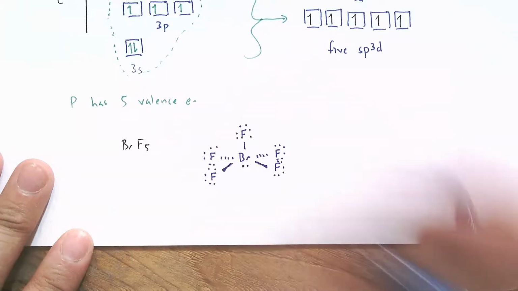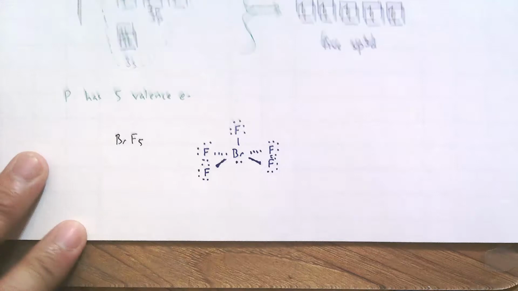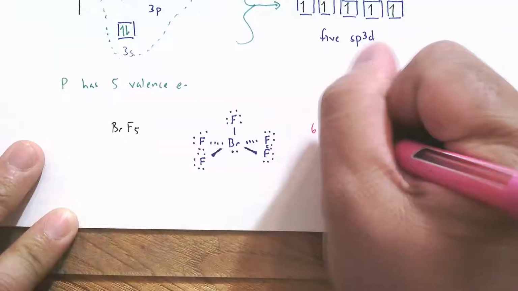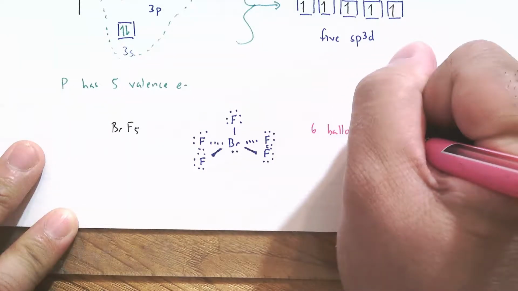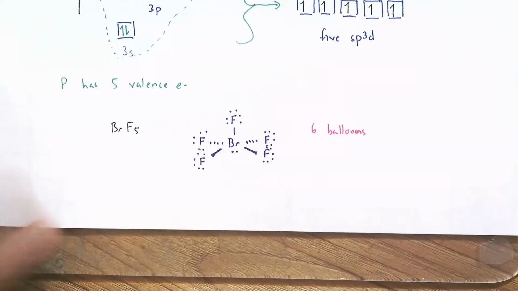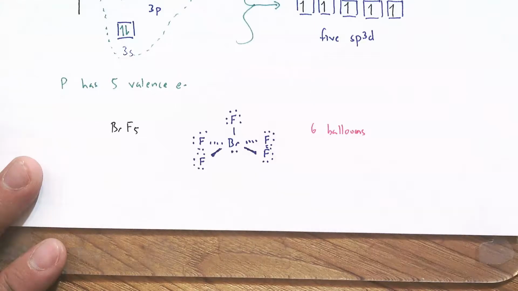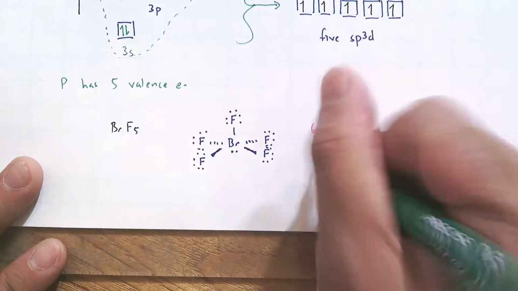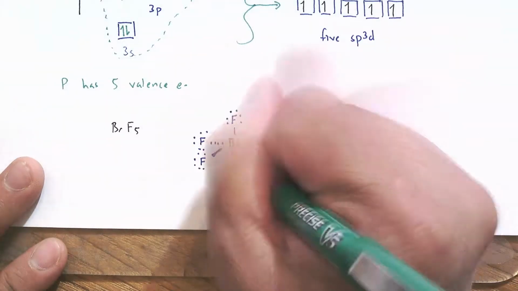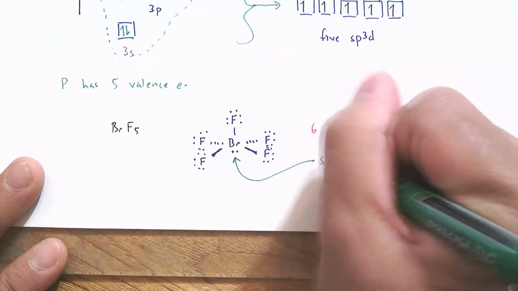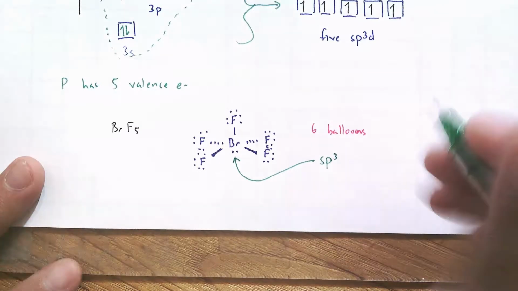If you know the number of balloons, 6 balloons, you know the hybridization. The hybridization here for this bromine is now sp3, which will get us up to 4 balloons.